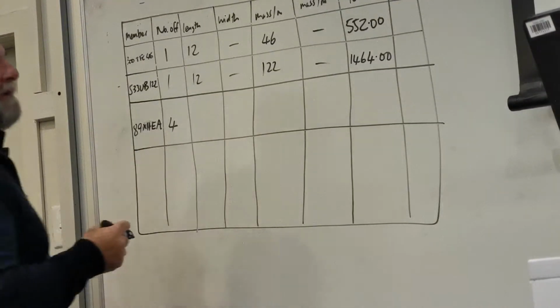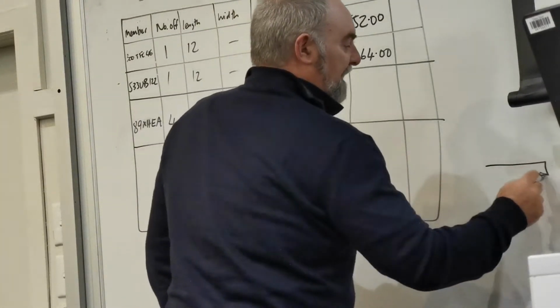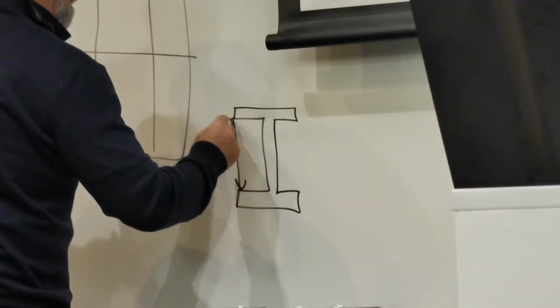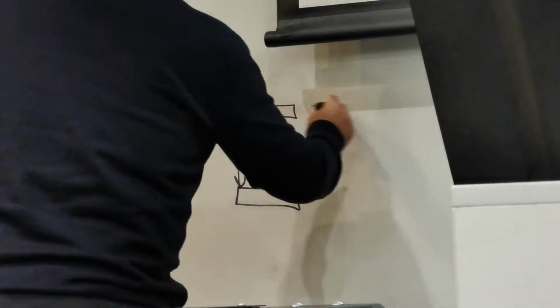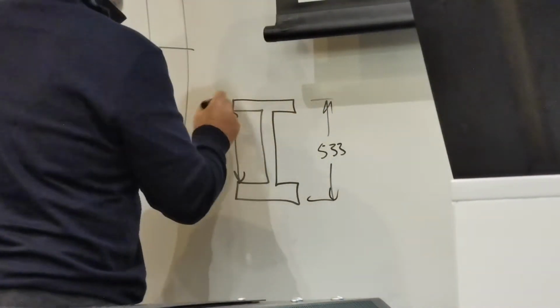And the length of the angle we have to calculate. So it fits here, between there and there. The beam is 533, we already know that. We know that because that's the number there. What we don't know is this little distance here.